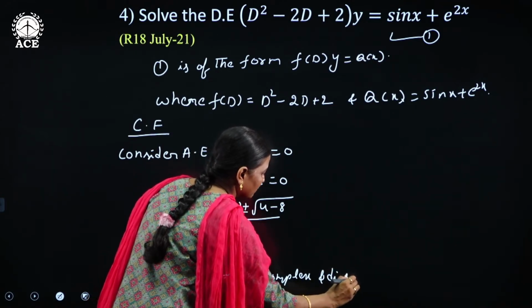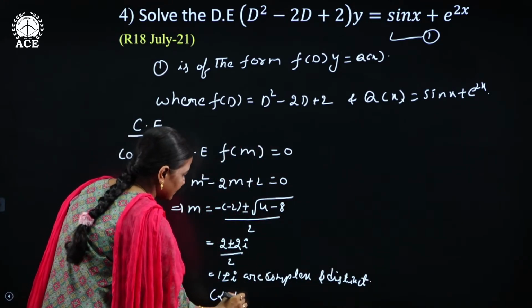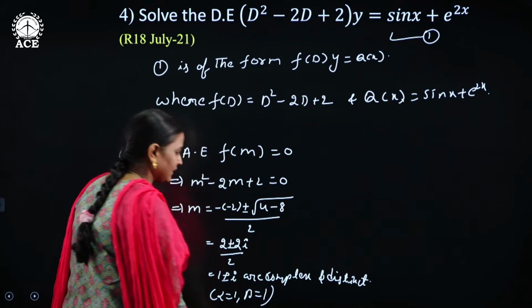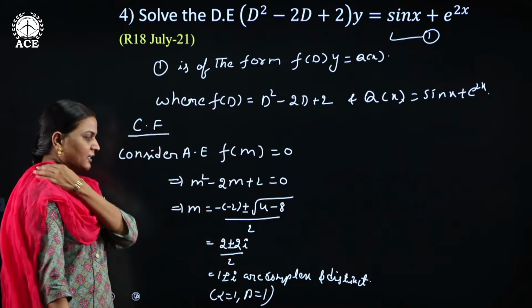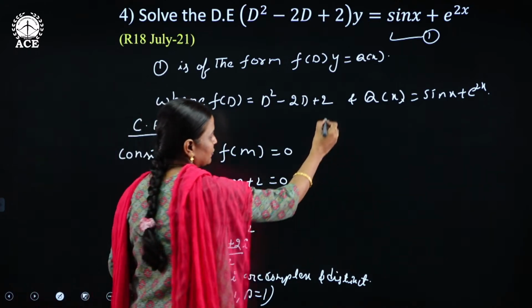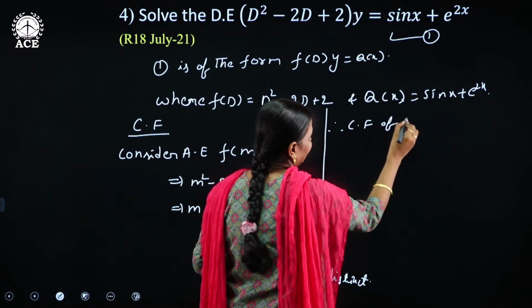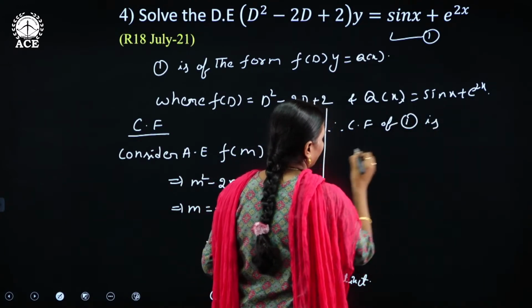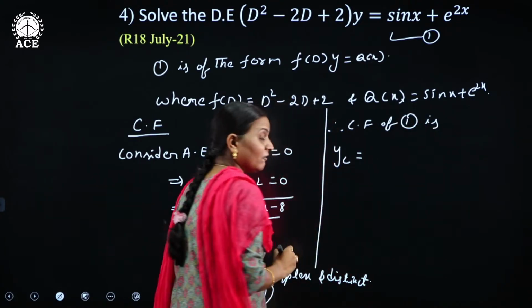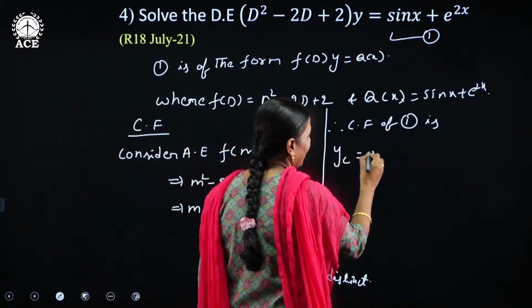What is the standard form of this one? Alpha plus or minus i beta. Here alpha is equal to 1 and beta is equal to 1. When the roots are complex and distinct, how to write the complementary function? So therefore, the complementary function of equation 1 is yc is equal to, what is the formula? e power alpha x.